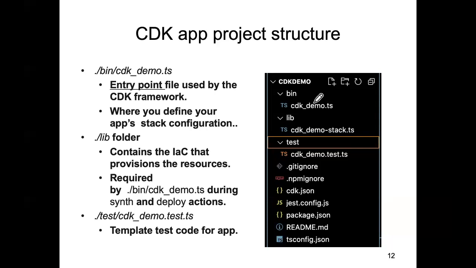What this file is referred to as on the left here, I'm saying it's the entry point for the framework itself. So when we run the CDK deploy command, for example, what the framework actually does is it goes looking for this file. And the code inside this file tells it what stacks make up your app. We'll look at the contents of it in a moment, but there's only really a couple of lines of code typically in this file.